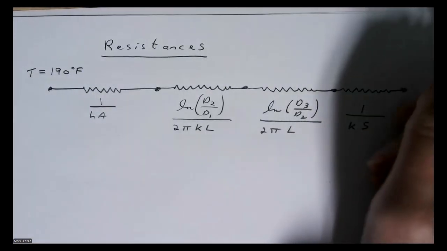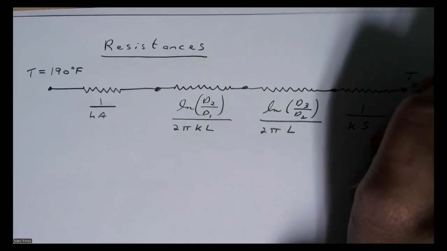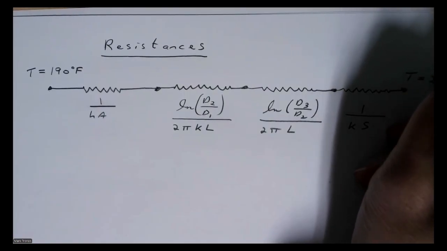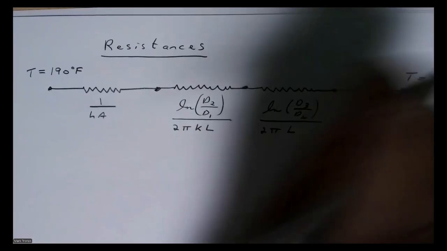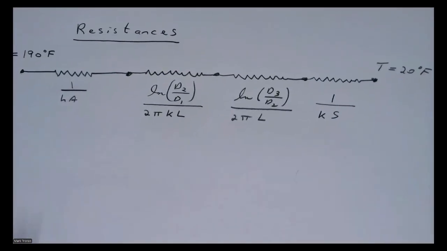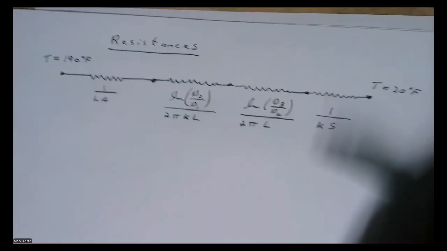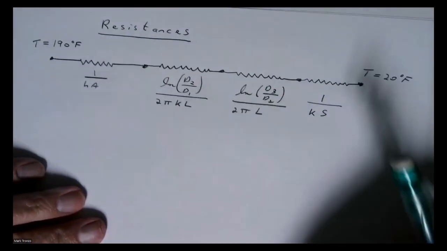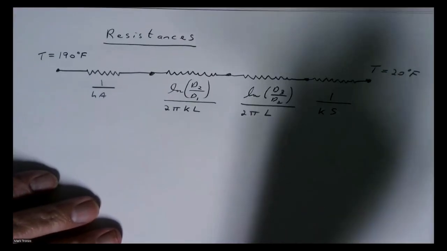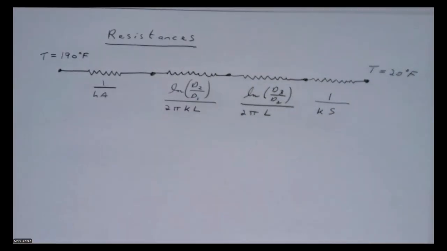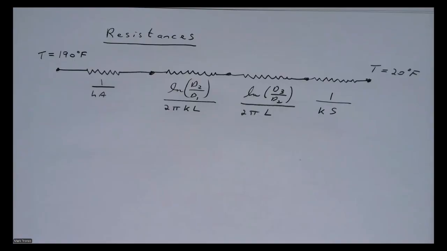And then at the top of the soil, we're at 20 degrees Fahrenheit. That's the situation we have. Now we're going to look at each of these individual resistances.